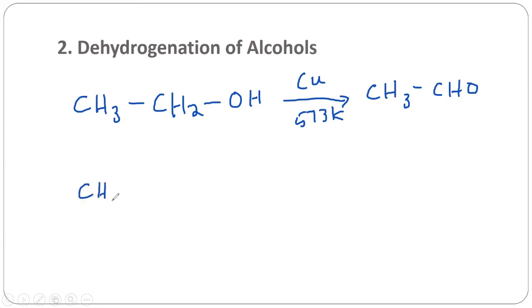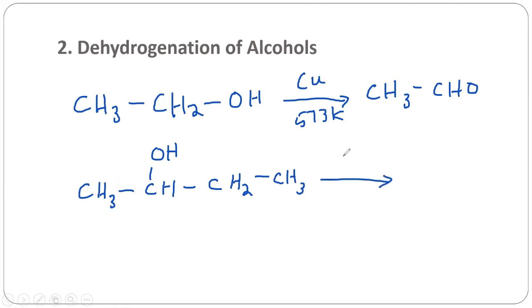Whereas a secondary alcohol like butan-2-ol, on treating with copper at 573 Kelvin would give a ketone. Secondary alcohol would give a ketone.